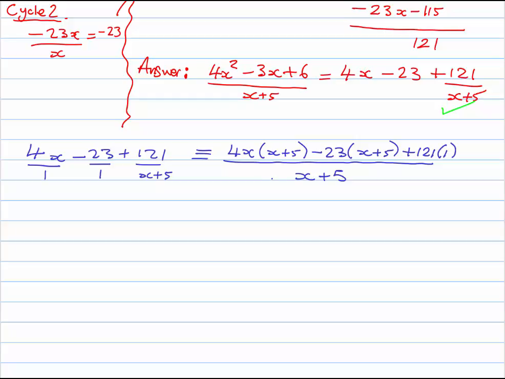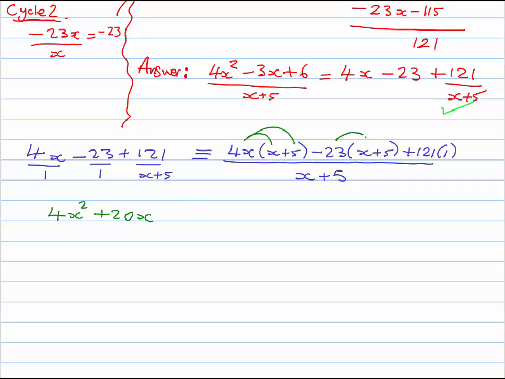And all we need to do now is try to evaluate all of these multiplications as here. So we're going to be looking at, let me change colour. We're going to do that times that, which of course is 4x squared. Then I'm looking for that times that, which is plus 20x.